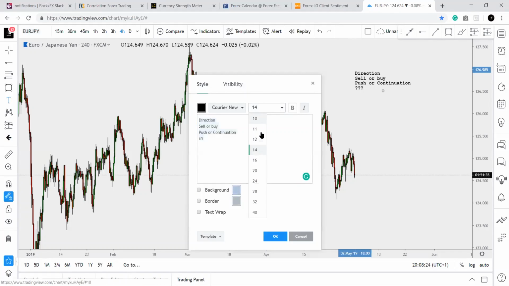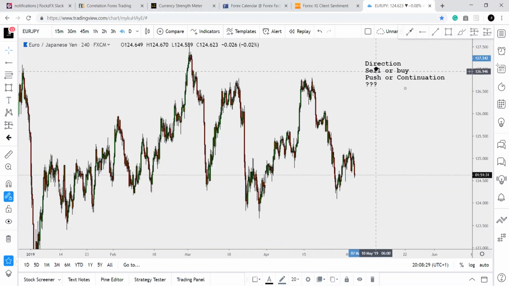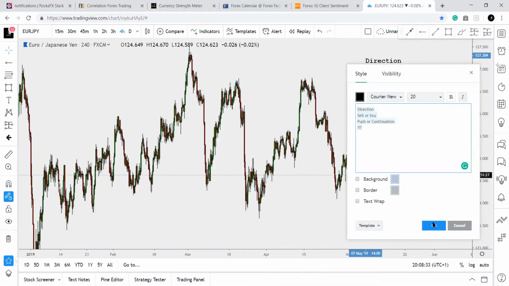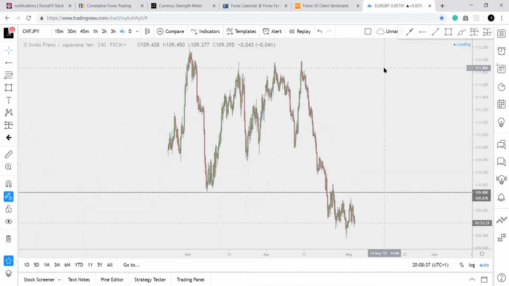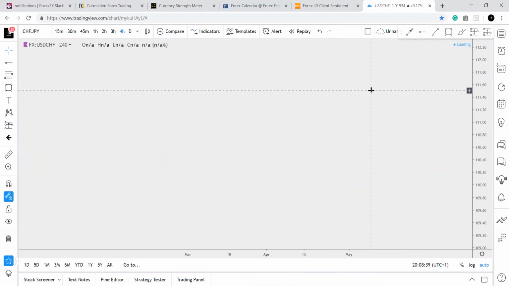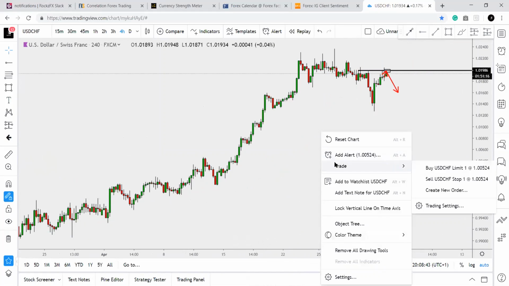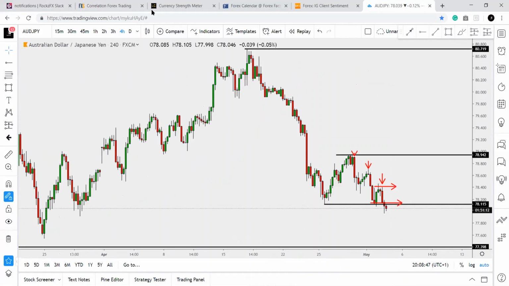Okay, let's go. So the first person that would like to do it, let's go to a different pair, because this one's got boring. Most of my charts are drawn.